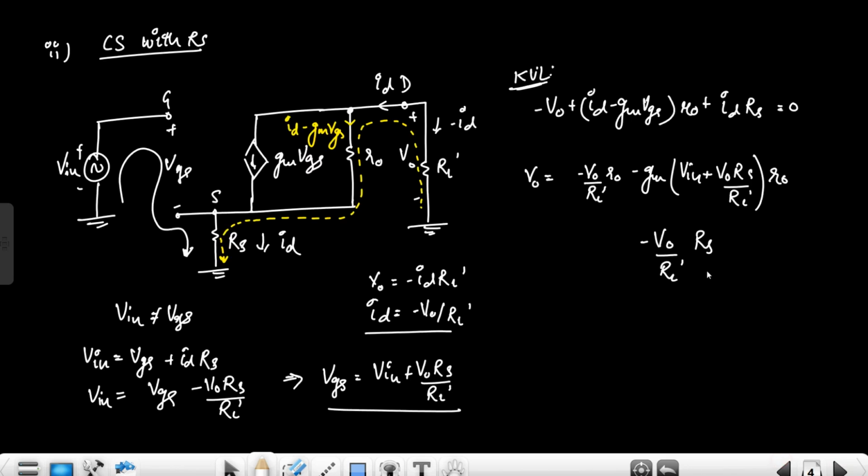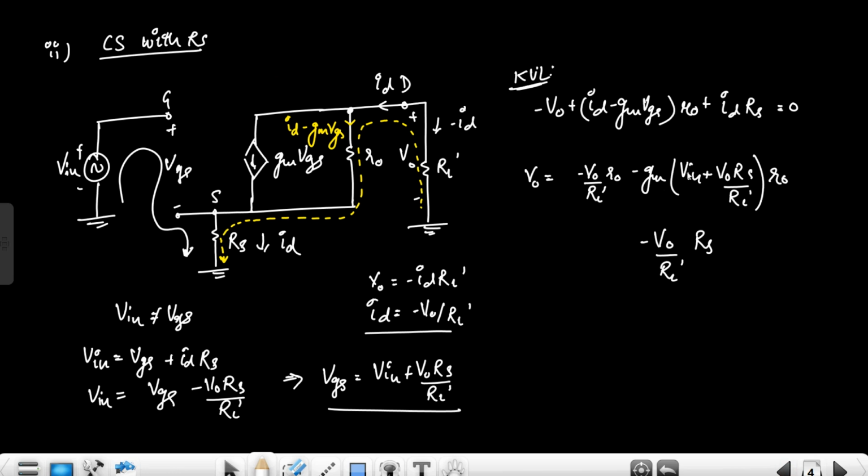So V naught and V naught, these two terms will be taken to the left hand side. So 1 plus R naught upon RL dash plus RS upon RL dash.